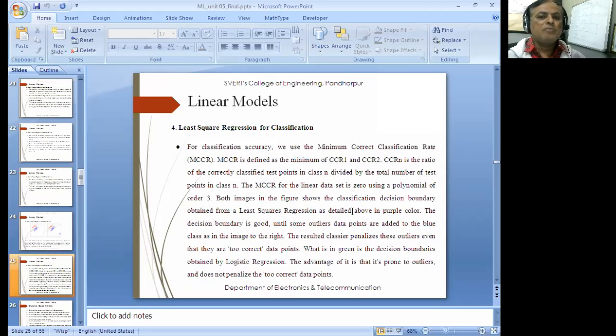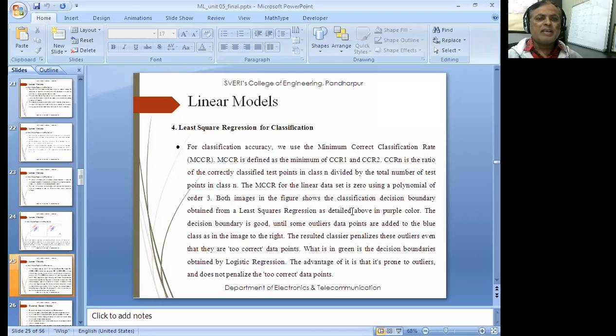Then one more thing: we always find the parameters which help you understand how accurately your linear model is working. For classification accuracy of the least square regression method, we have a technique called the minimum correct classification rate, also known as MCCR.